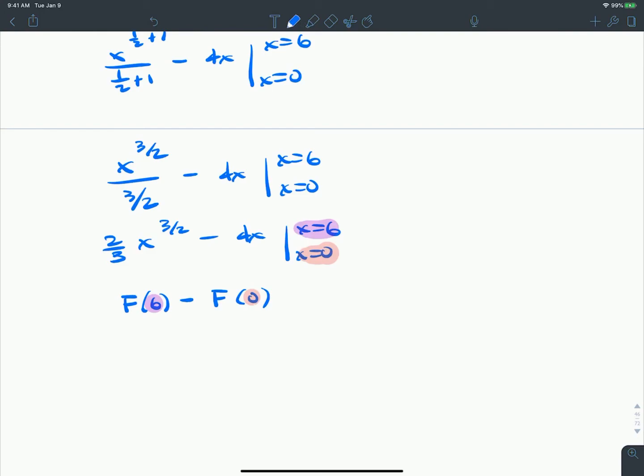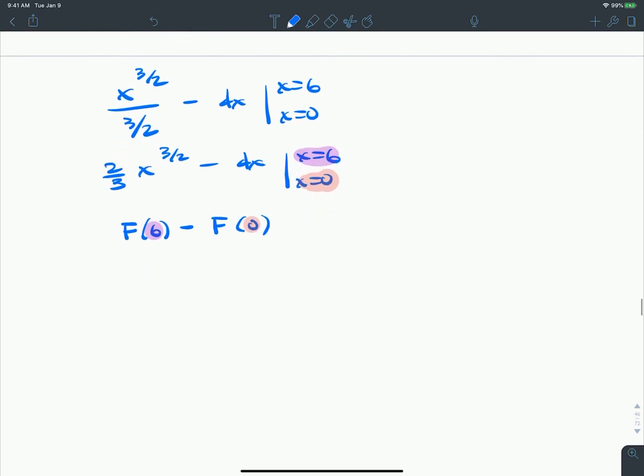So we're going to plug in these values here. So you get 2/3 6 to the 3/2 minus 4 times 6, put this in parentheses, minus 2/3 0 to the 3/2 minus 4 times 0.